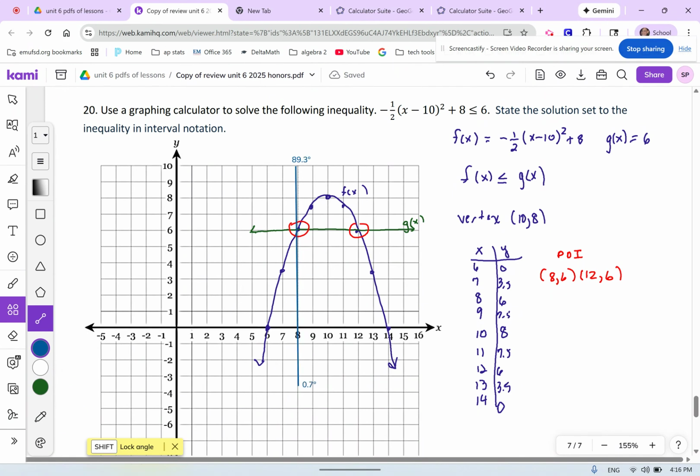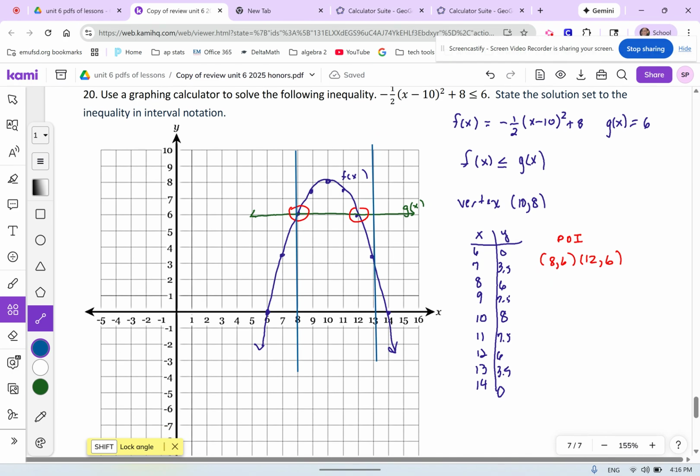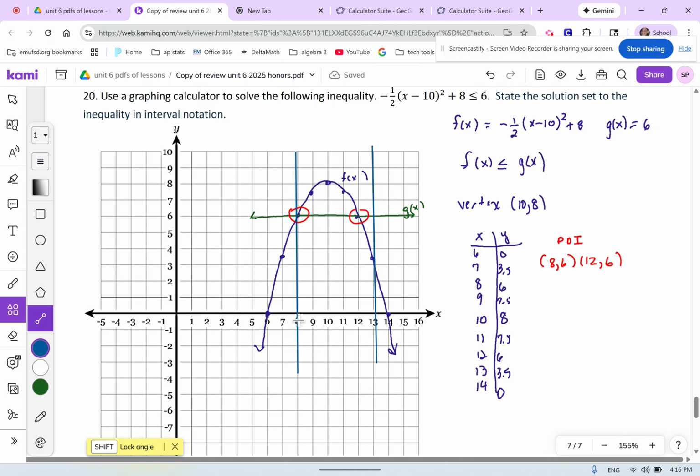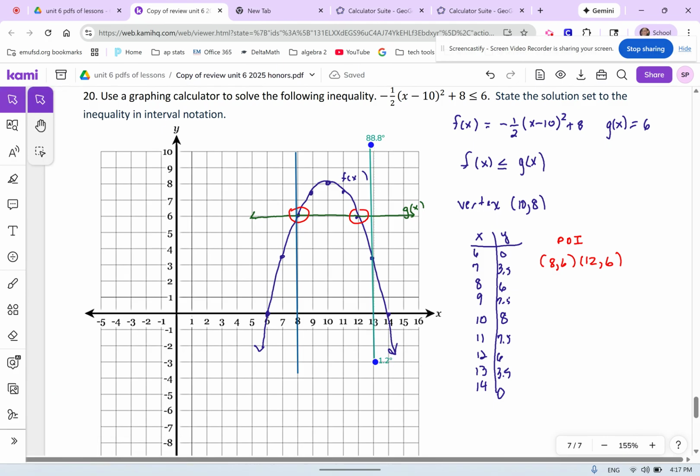They're solid in this case because we're including those values in. Okay, and whoop, so it's 8, 6, and then the other one should be 12, 6. I have to slide that over a bit.